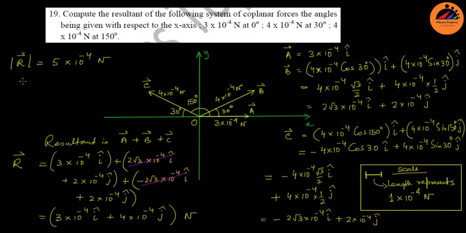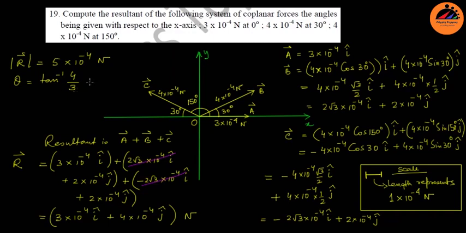And angle with the x-axis, so theta is tan inverse of 4 into 10 to the power of minus 4, the 10 to the power of minus 4 gets cancelled, so no need to write that, so 4 by 3.